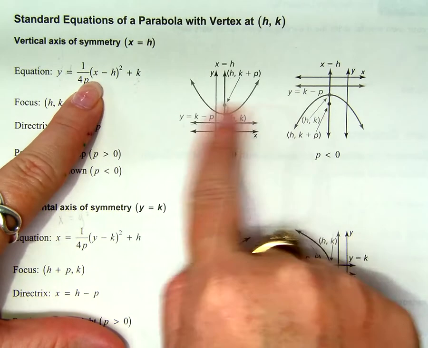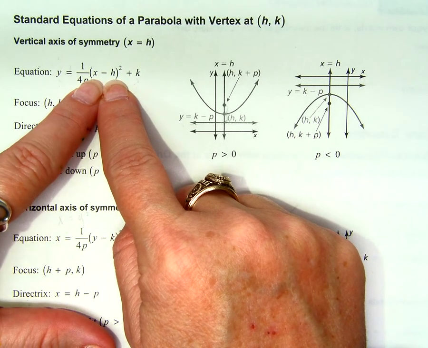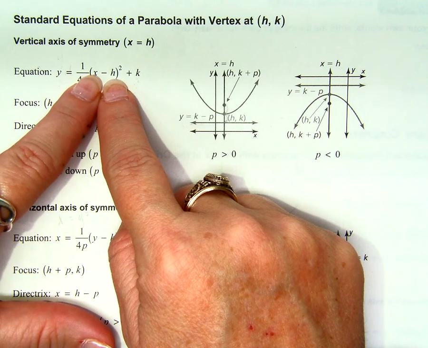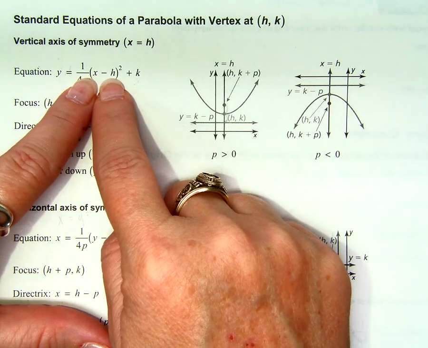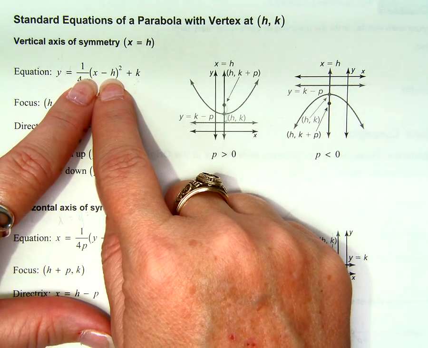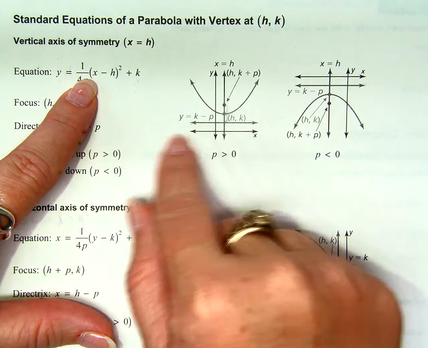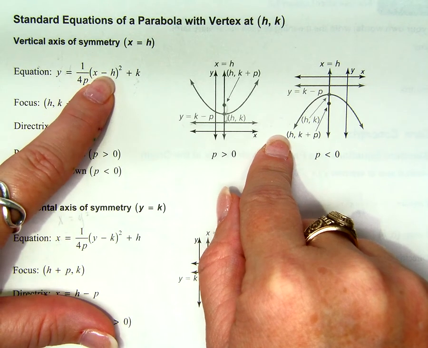When it opens up or down, in my parentheses I've got x minus h. Does it make sense that these two variables would go together? X is the left and right direction, right? H, if we're talking about transformations, that's a horizontal shift. Which direction is horizontal? Left and right. So does it make sense that the x would go with the h?